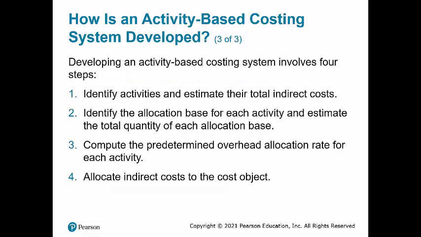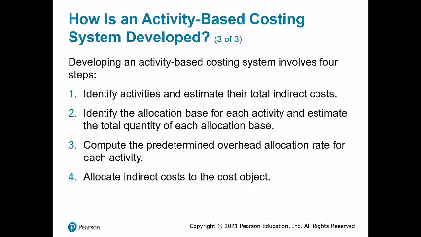Companies like Smart Touch Learning that have diverse products can often obtain better costing information by using activity-based costing and activity-based management. This slide shows the 4 steps used to develop an activity-based costing system for allocating manufacturing overhead costs to products. First, the company needs to identify the activities and estimate their total indirect costs.